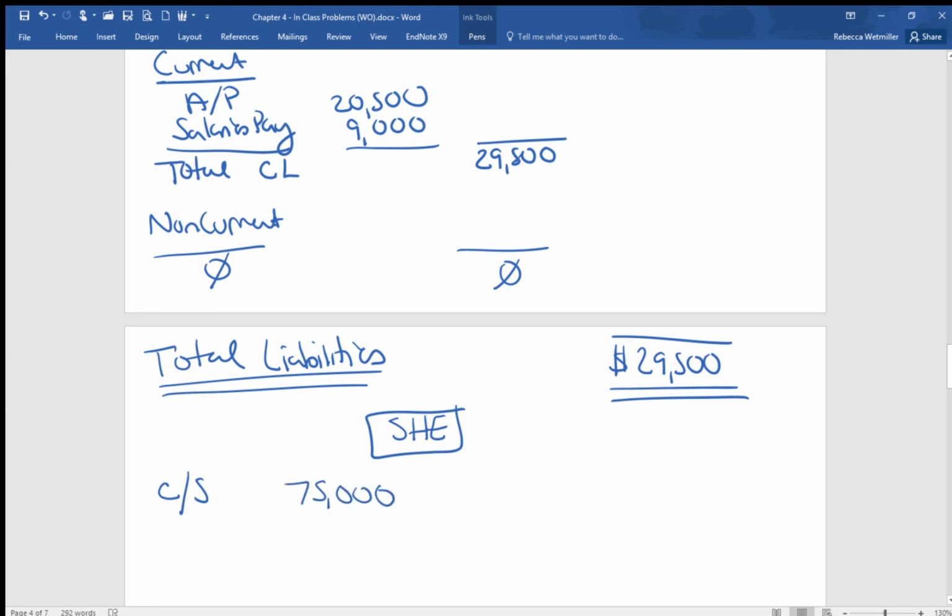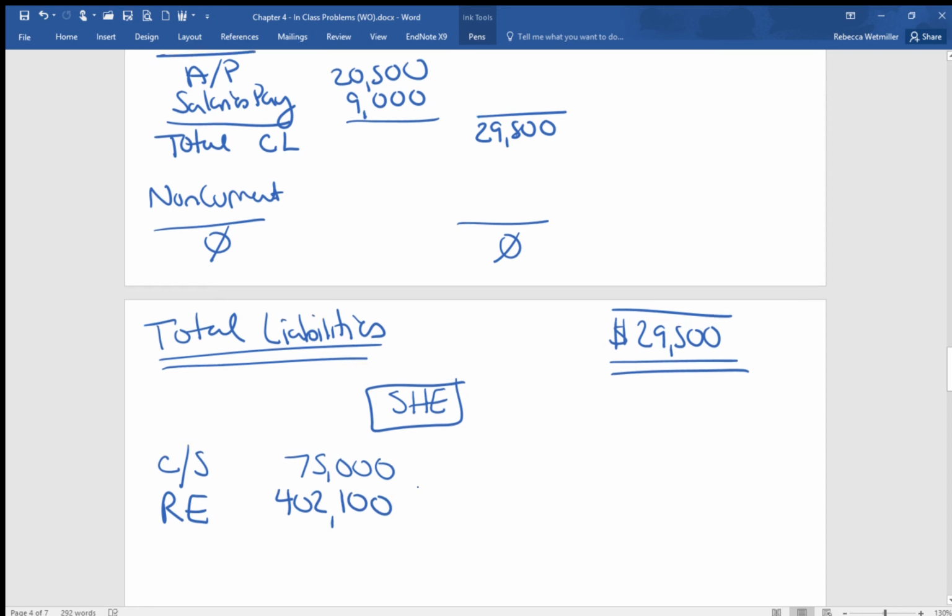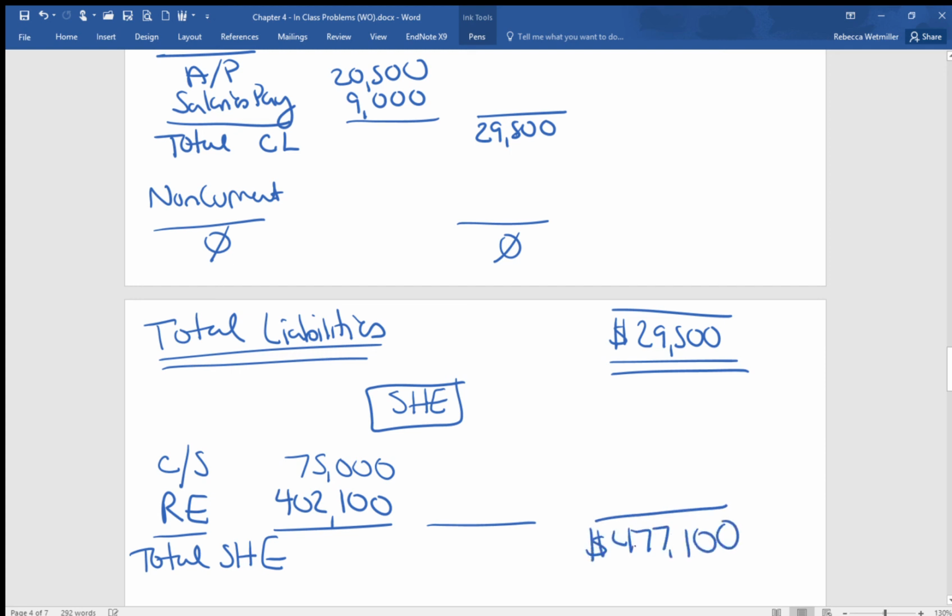Then the other large part of our stockholders' equity section is our retained earnings, which is why we need to prepare a retained earnings statement before we can do our balance sheet, because we're going to take our ending retained earnings balance from our statement of retained earnings. So if I add those two together, I get total stockholders' equity of $477,100.